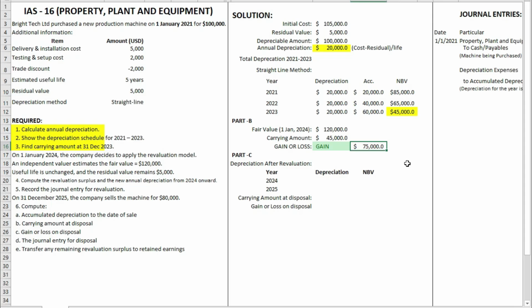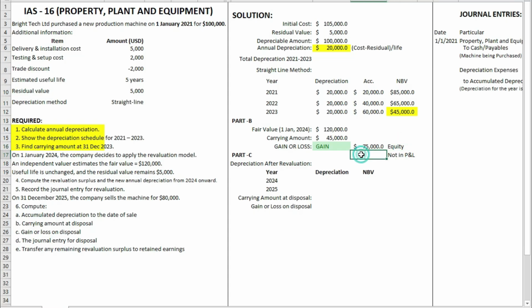So where would this gain go? This surplus goes to the equity section. It is not in the profit and loss account. It will directly go to the equity section, and it is actually the revaluation surplus of 75,000 in equity.